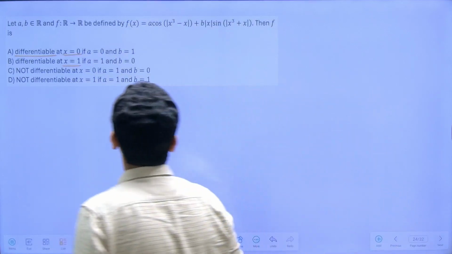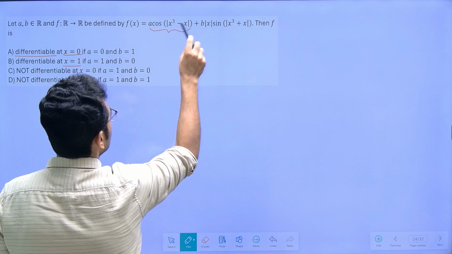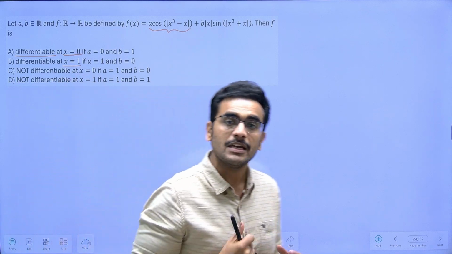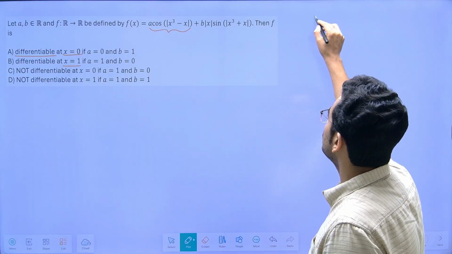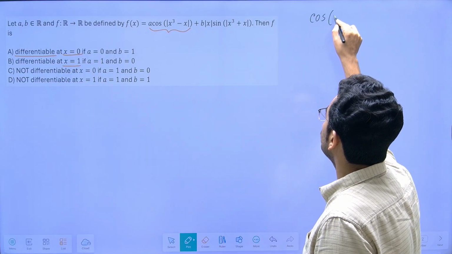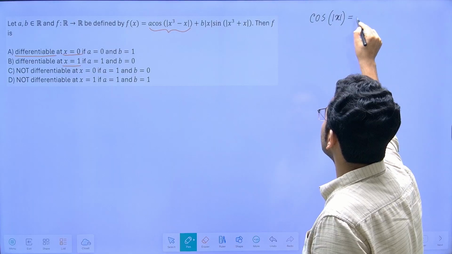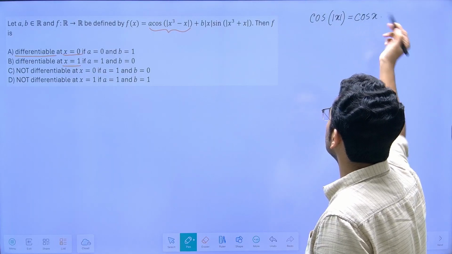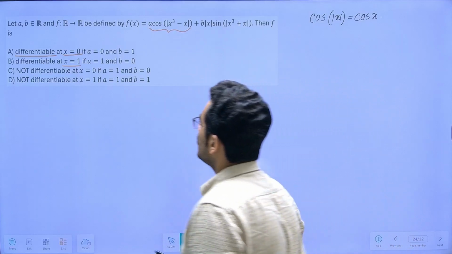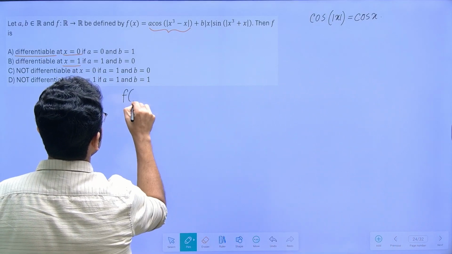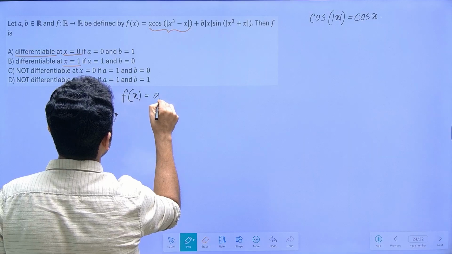Now first of all, if we closely see this function, we know that cos is an even function, right? Cos x is an even function. So since cos x is even, cos of mod x will be the same as cos x only. So the first one we can directly write as f(x) = a cos(x³ − x) + b|x| sin(|x|(x² + 1)).